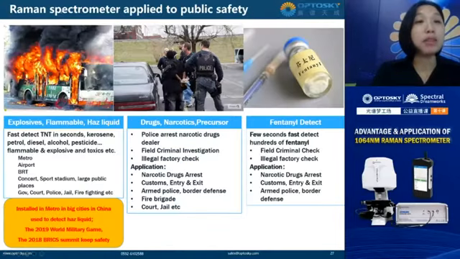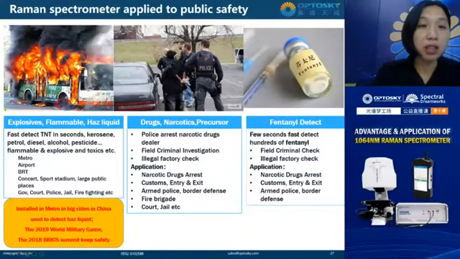And also Raman spectrometers have been applied to public safety. Because, you know, explosives, flammables, and hazardous liquids are very dangerous for transportation vehicles. So at the entrance we can quickly detect TNT and kerosene, petrol, diesel, alcohol, and pesticides, and also flammable, explosive and toxic substances.